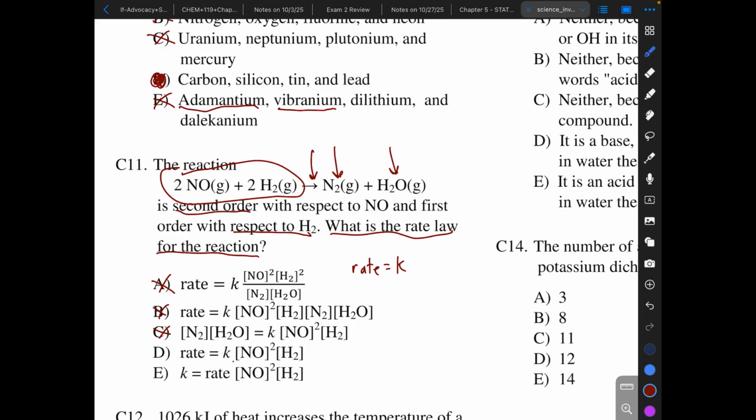But now, what is K and what is rate? K is the rate constant, which is basically just how fast the rate would go. Once you get to integrated rate law, you'll start to see how to find K. But basically, we just leave K off like that. And now we'll learn about order.